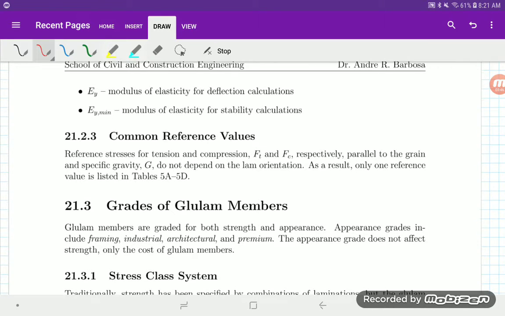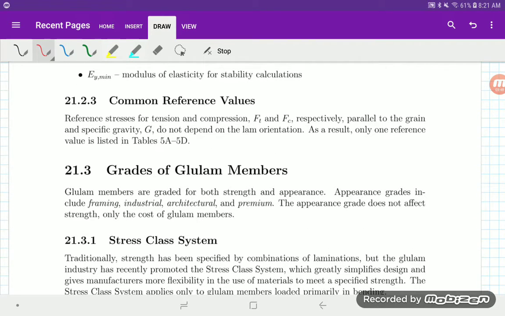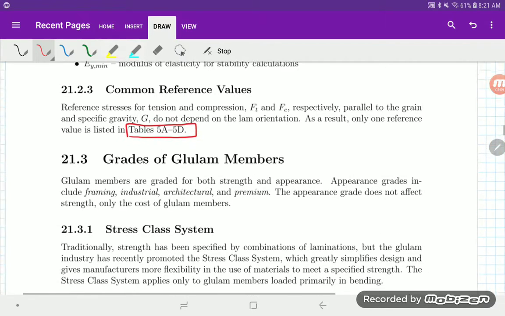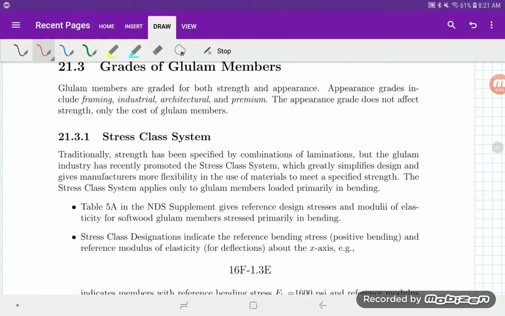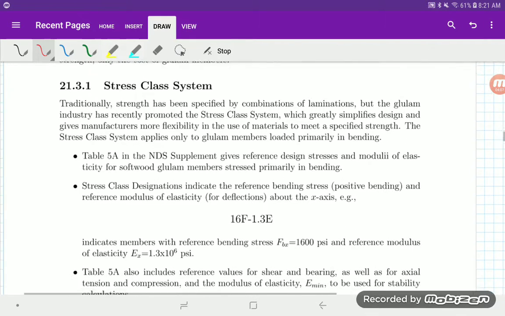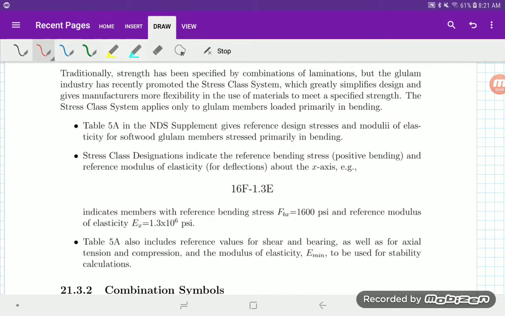All right. So reference values for glulams are given in tables 5A through 5D of the NDS supplement. 5A defines our stress classes, and stress classes have to do with the capacity, and often they'll also tell you what the Young's modulus is.